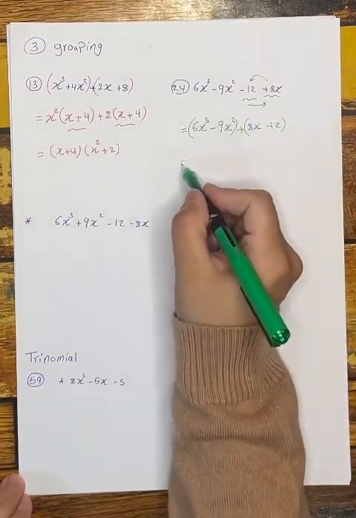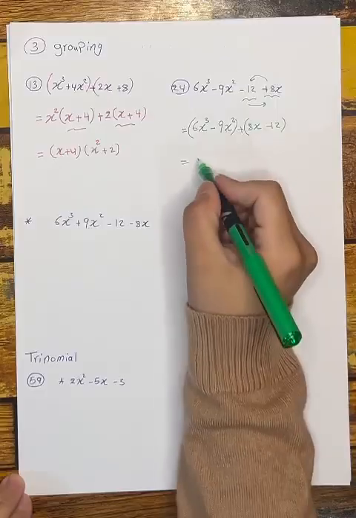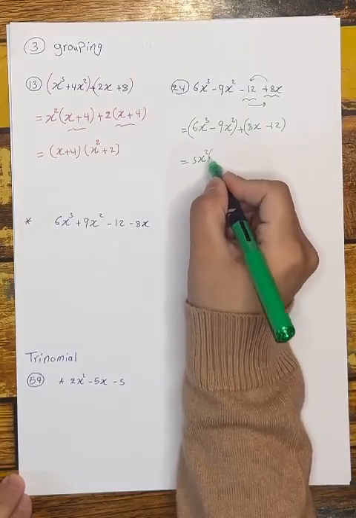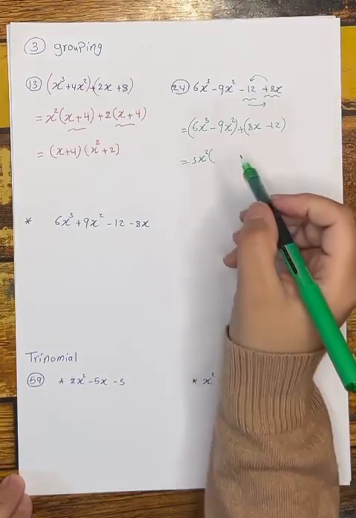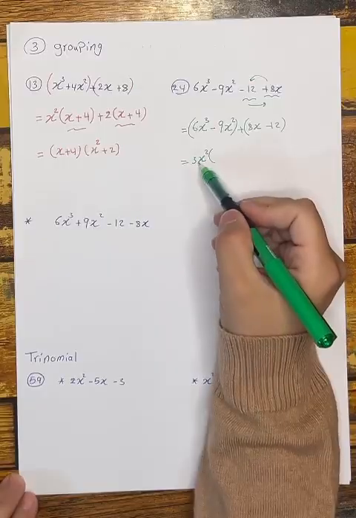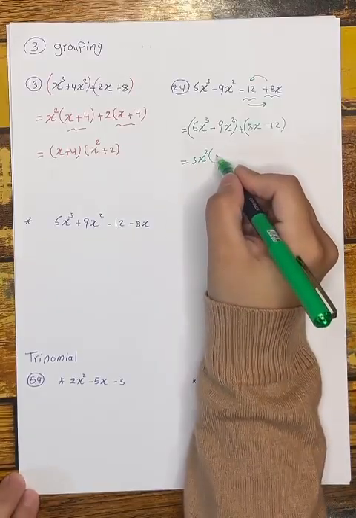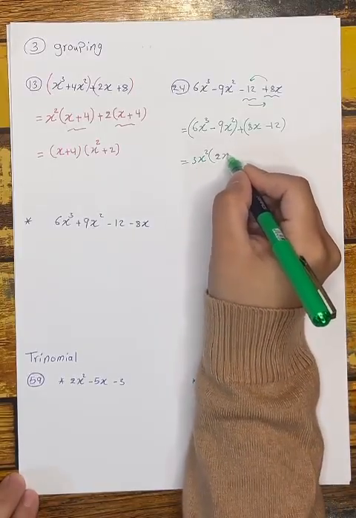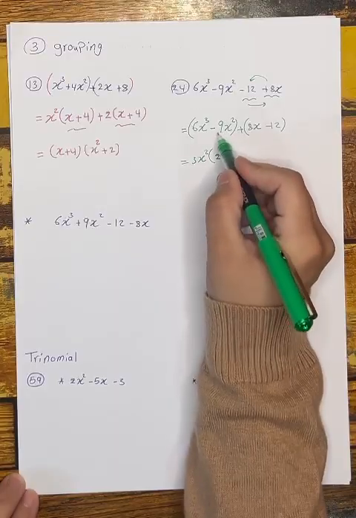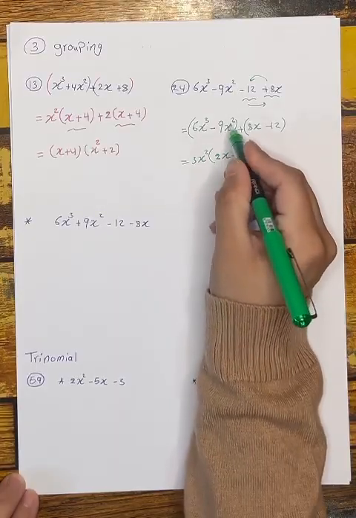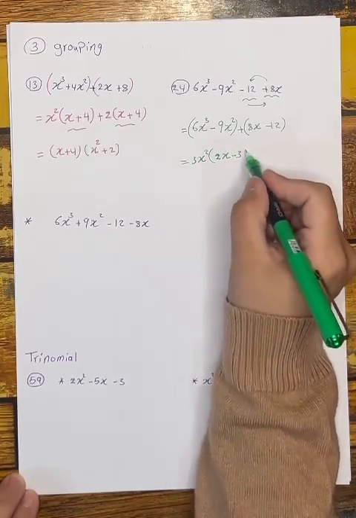For this bracket, 3x power of 2 is a common factor. 6x power of 3 divided by 3x power of 2 will be 2x, minus 9 divided by 3 is 3, x power of 2 divided by x power of 2 will be 1.